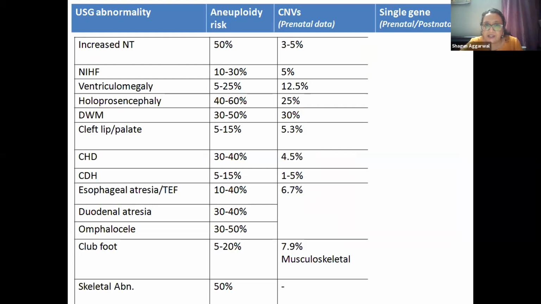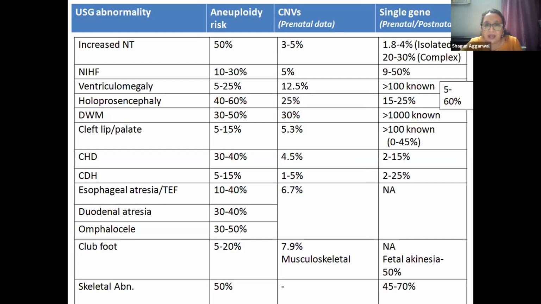But in addition to this, we could also have a single gene disorder, and these single gene disorders could also present with these various ultrasound abnormalities. And here the ultrasound abnormalities having a very high prevalence of single gene disorders are hydrops fetalis, and also certain CNS malformations, fetal akinesia, and skeletal dysplasias.